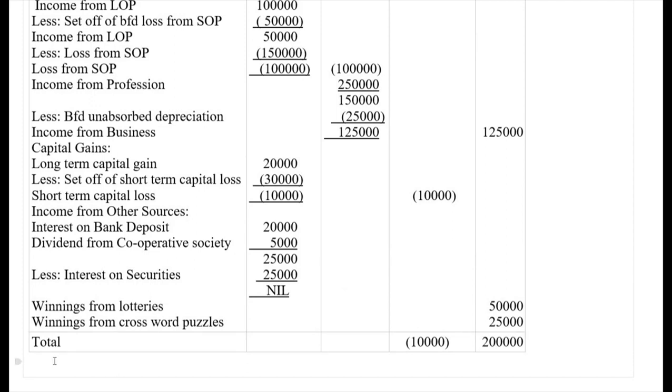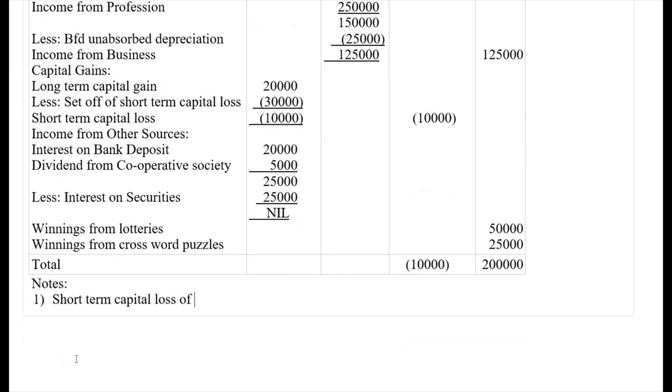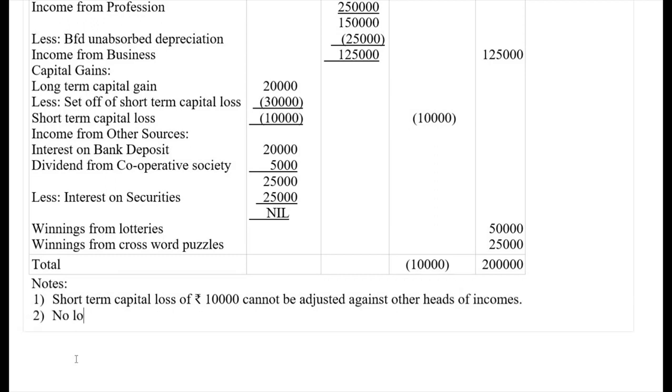So the notes. Number 1: short-term capital loss of rupees 10,000 cannot be adjusted against other heads of incomes. No, loss cannot be adjusted against casual incomes.